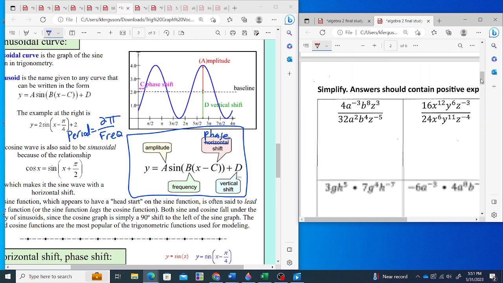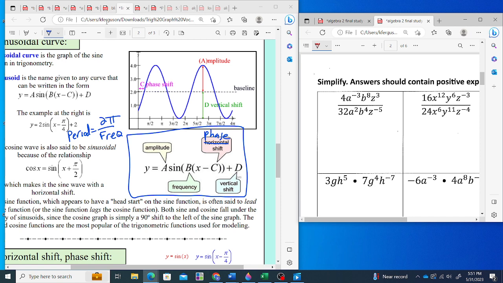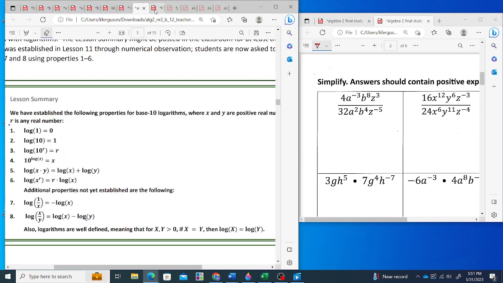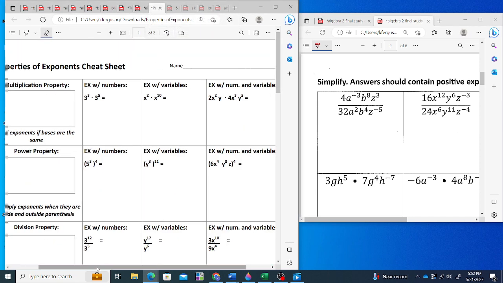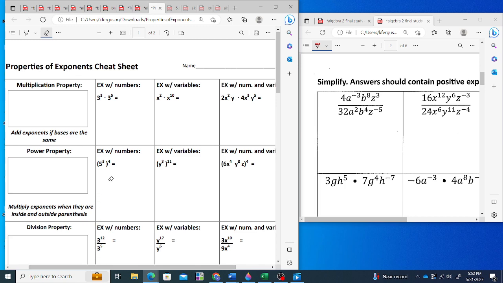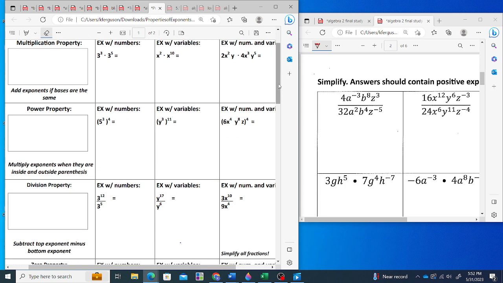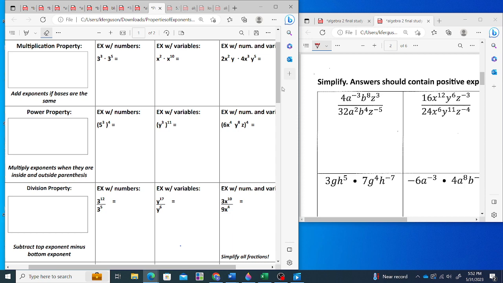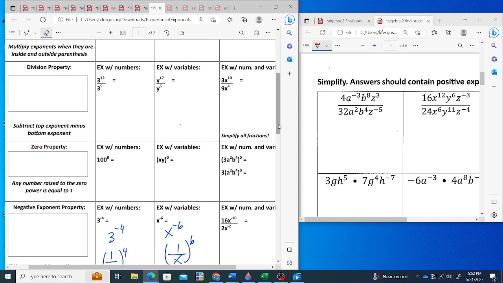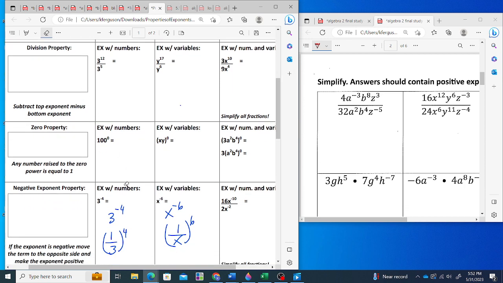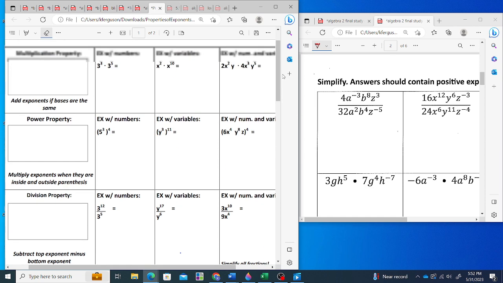So next, let's talk about exponent rules. So we've got the multiplication property, the power property, the division property, the zero property, and the negative exponent property. Right? So let's just do this one by one and then we'll relate it to this.